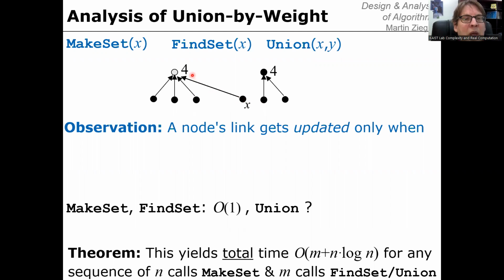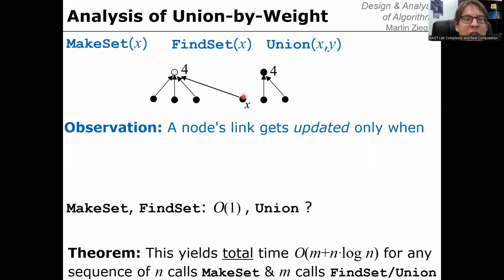So for this pointer to get affected the second time, there must be another set of size 8. And when does it get affected the third time? Well, then there must be another set of size 16, and so on.